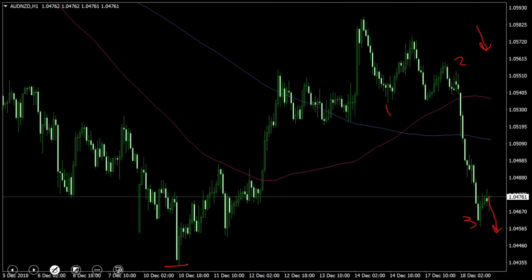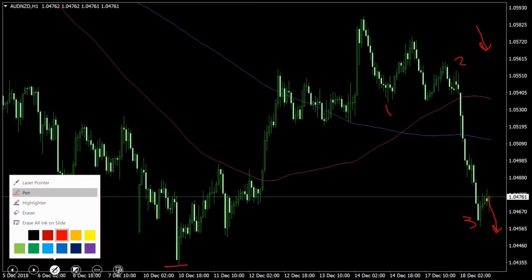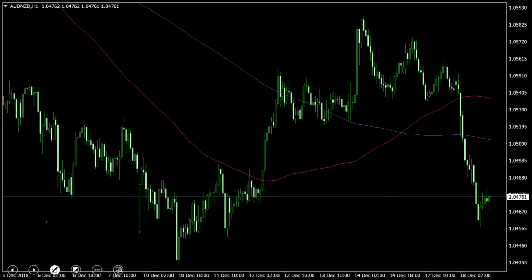So what can we do to take advantage of this opportunity? In my opinion, I believe this can be a bullish opportunity with a great limited risk. But why?